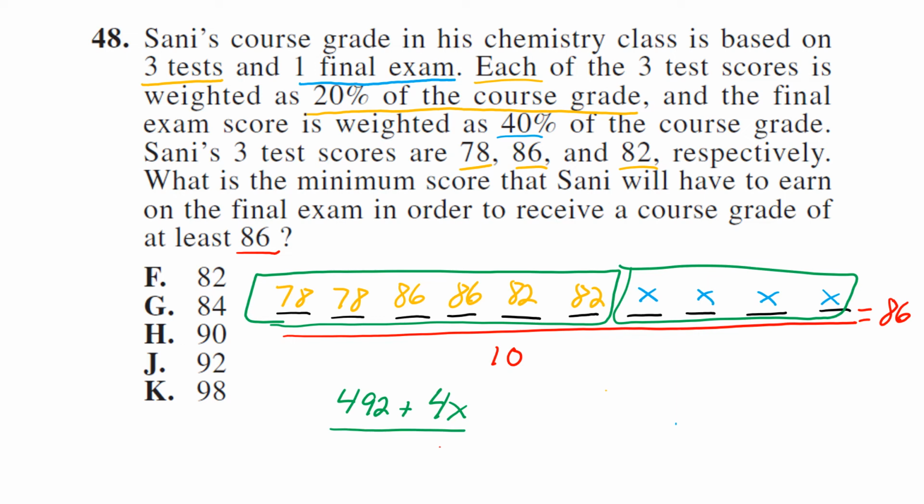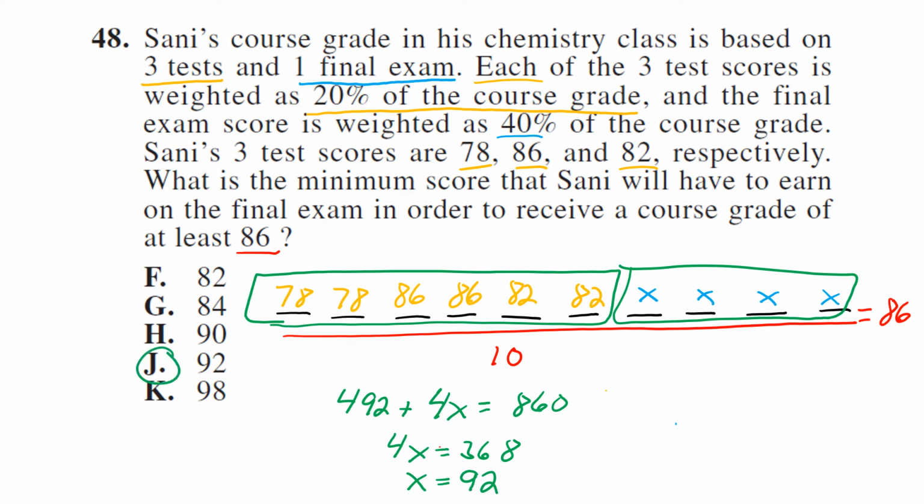Let's say multiply both sides times 10 equals 860, right? So now let's subtract 492 from both sides. We get 4x equals 368. Divide both sides by 4, and we get x equals 92.